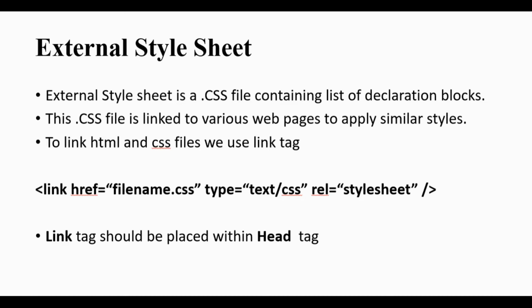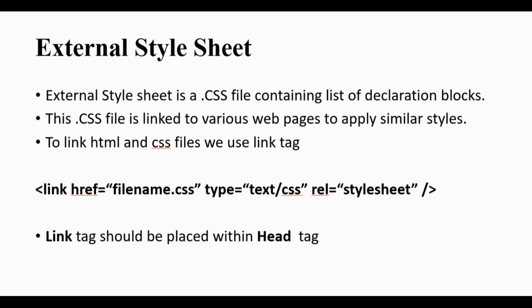So we have our files there, default.html, default2.html, default3.html, and we have created a .css file with the name of main.css, and there we have given the declaration of paragraph with the declaration list.